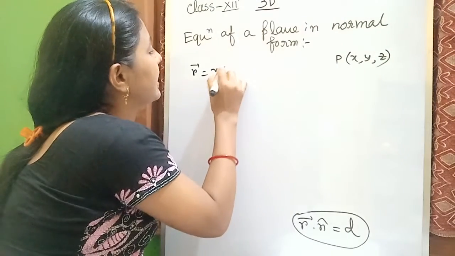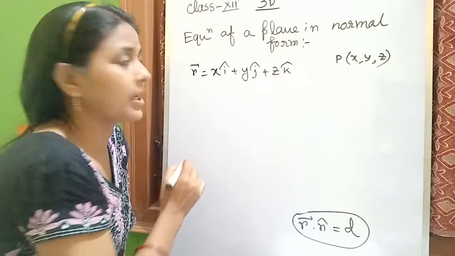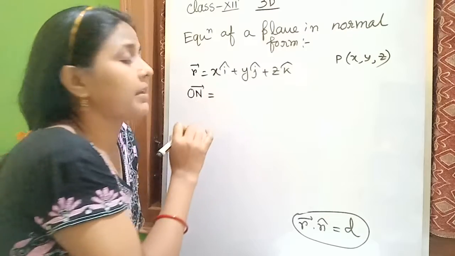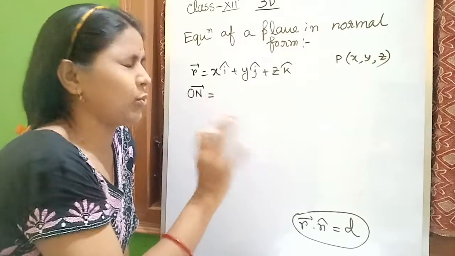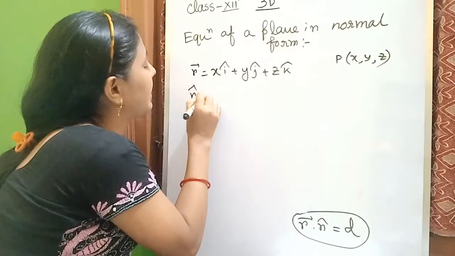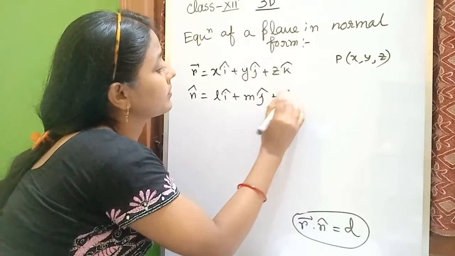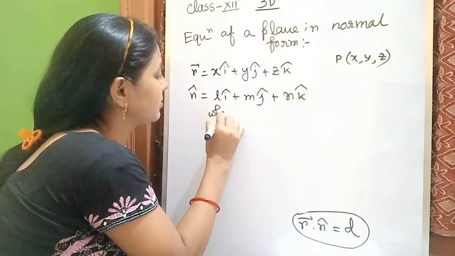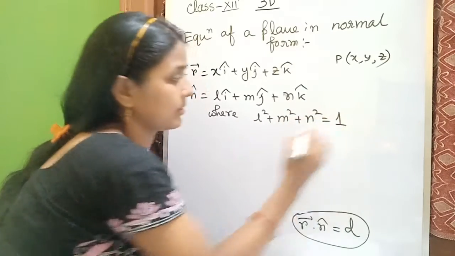That means r vector is x i cap, y j cap and z k cap. Now n vector means n cap. N cap will be looking like l i cap plus m j cap plus n k cap, where l square plus m square plus n square will be equal to 1.